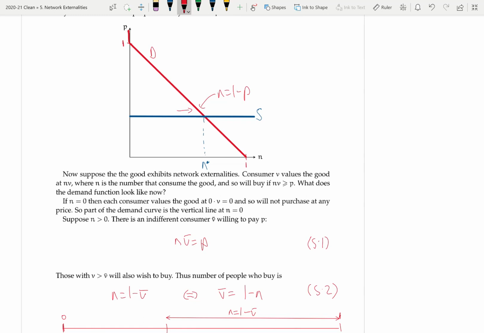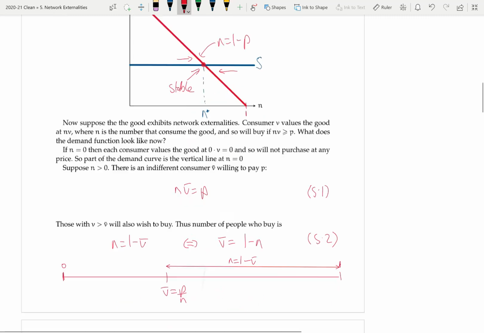To the right of n star, the supply curve is above the demand curve, the consumers are willing to pay less than it costs to produce, the market will contract. So you can see the 2 arrows are pointing towards n star. So if we start to the left or the right of the equilibrium n star, we're going to converge towards n star. So this equilibrium point is stable. No matter where we start, we're going to end up there.